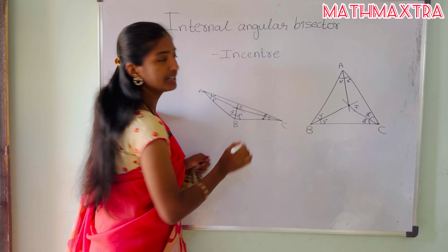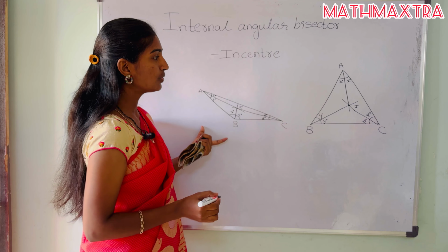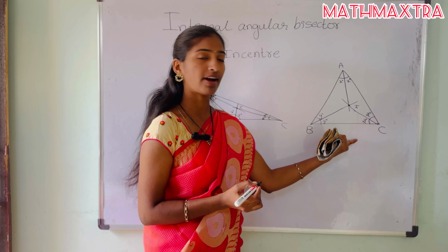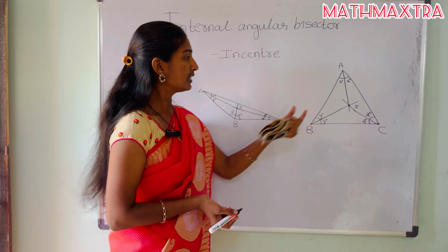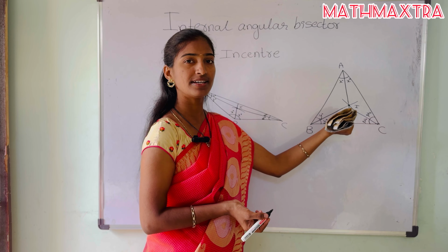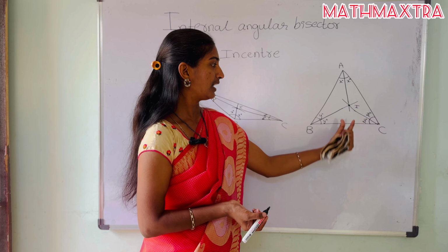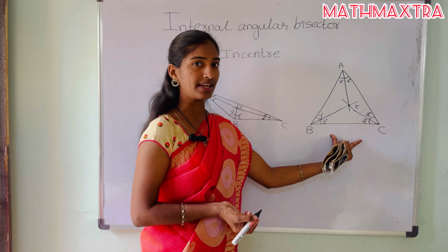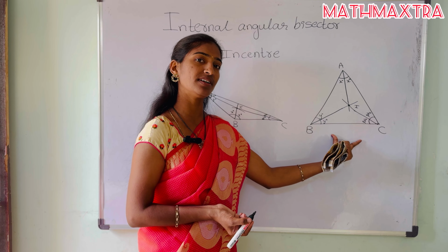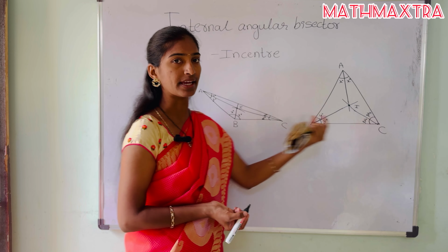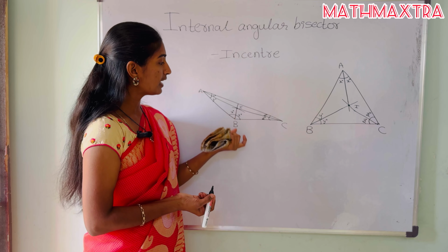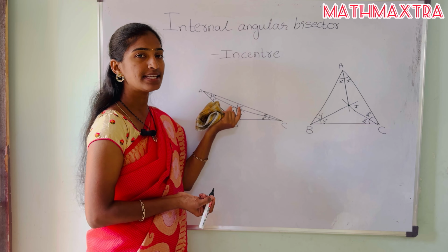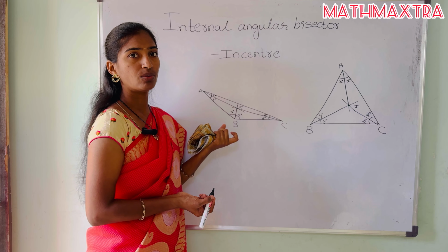So this we call the incenter. You observe, in the case of the acute angle triangle and the obtuse angle triangle, this incenter is present internally. For an acute angle triangle, the incenter is in the interior of the triangle. When you come to an obtuse angle triangle, here also the incenter lies inside the triangle only.